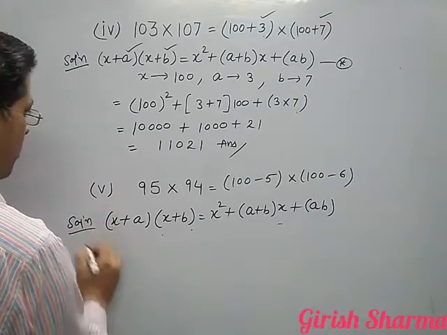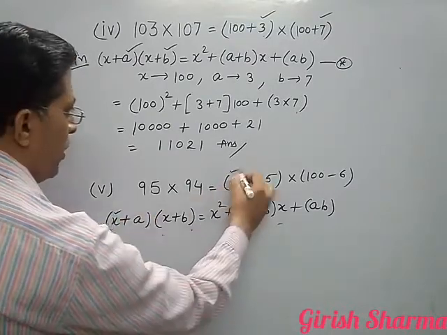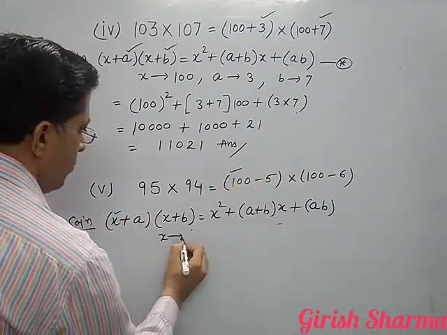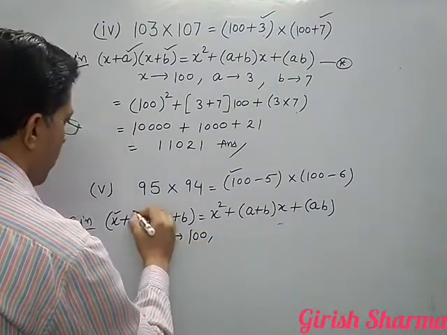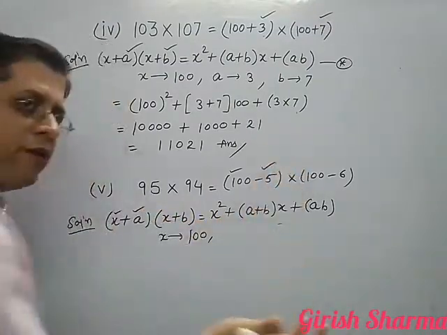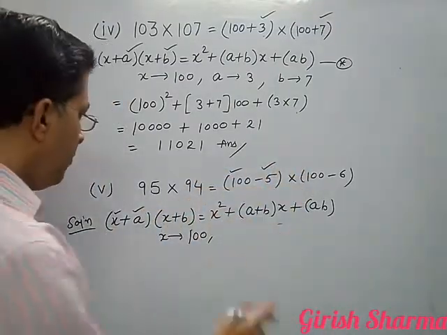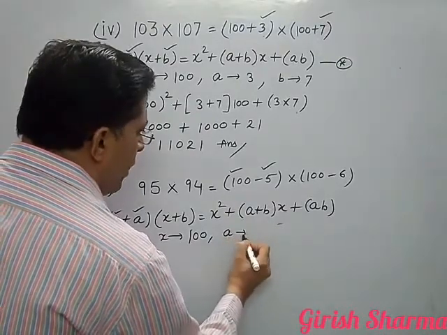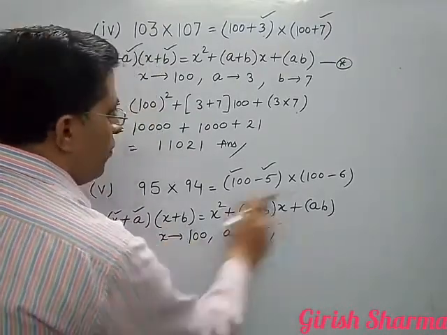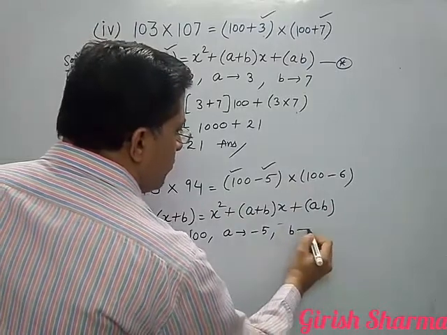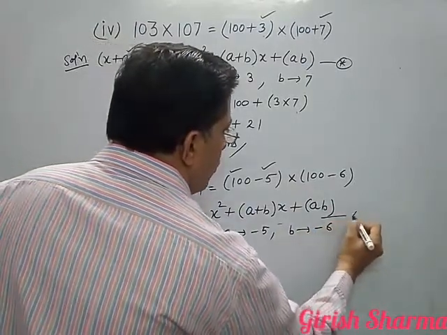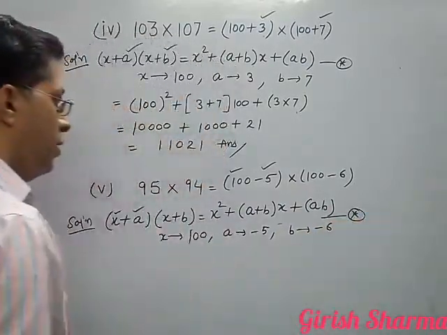See here, I am going to compare. x is your 100. What is a? a is your minus 5. That you put minus 5 only there. This will be minus 5. b will be minus 6. Put all this in star.